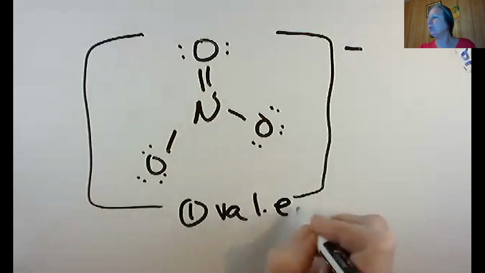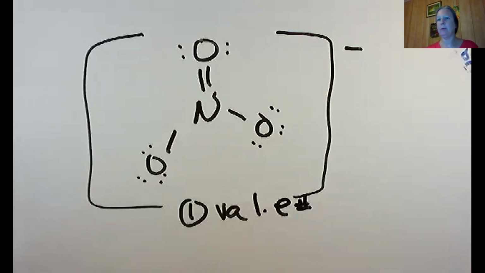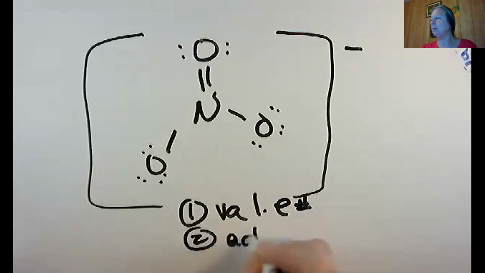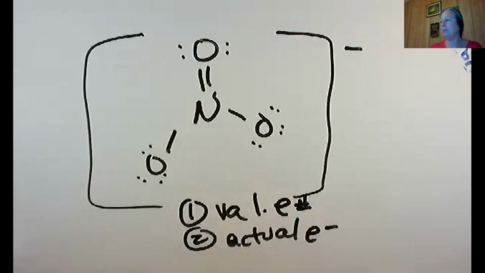What is the valence electron number? The second, what is the actual electron count around the atom? You subtract them: 1 minus 2 equals your formal charge. That's all there is to it for assigning it. Just don't get them backwards because it won't come out right.